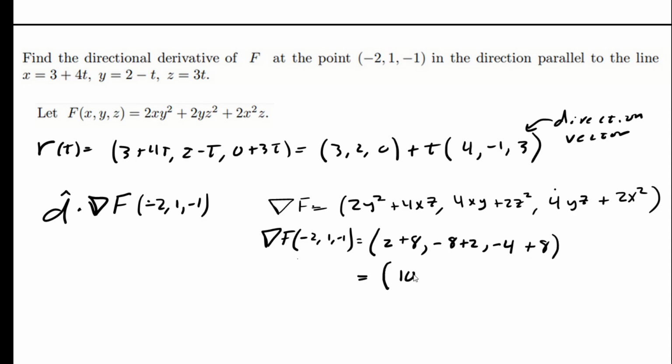This becomes 10, -6, and 4. All right, so that's my gradient. Now I need to look at this direction vector. So that's d, and I need to make it into a unit vector. Or I can just divide by the norm afterwards and save myself some writing.